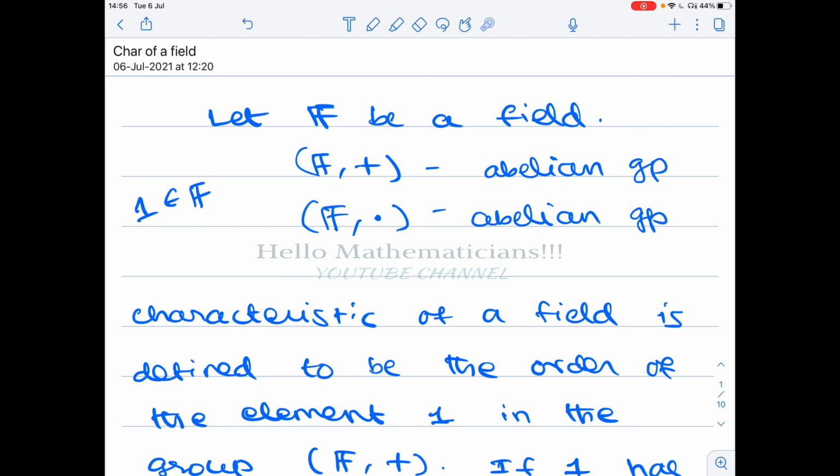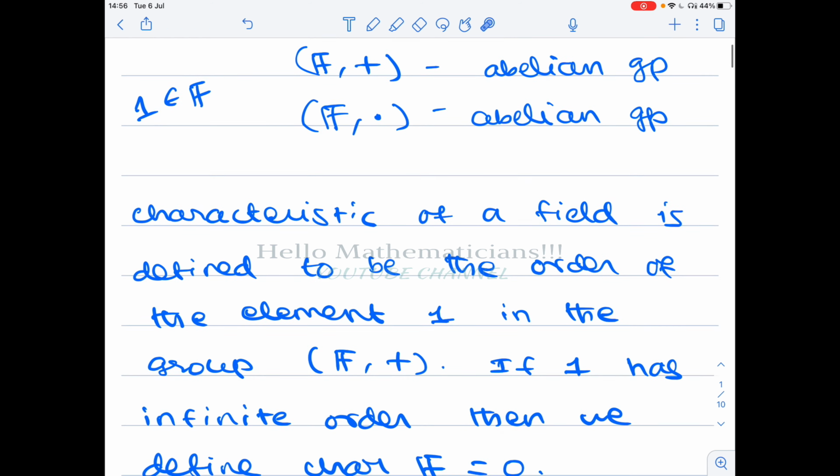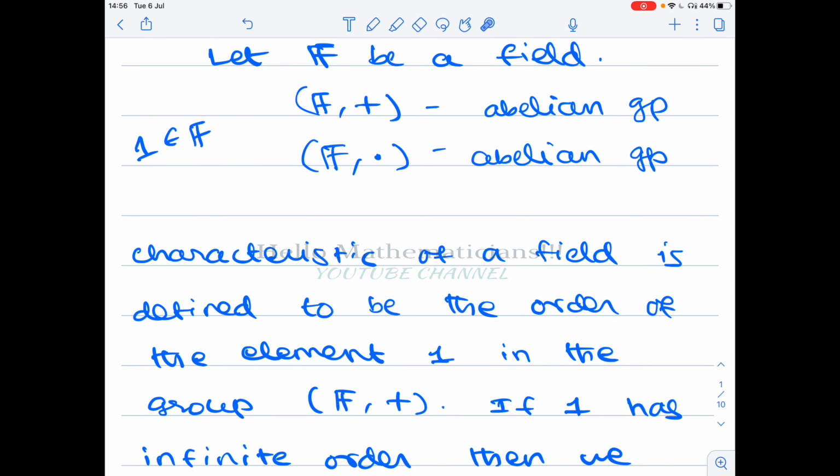Because F comma dot is an abelian group, it will have an identity element. That identity element is what we denote by 1. Now this 1 is an element of F comma plus, which is an abelian group, so we can talk about the order of this element 1 in this group.